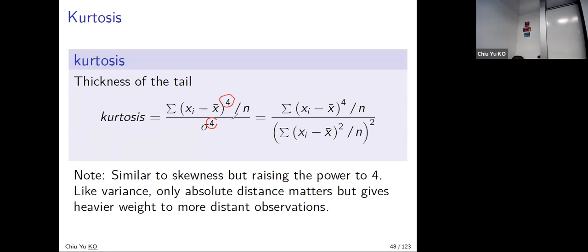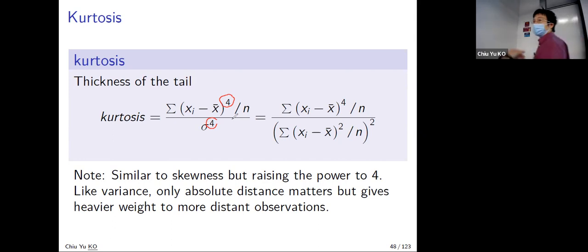There's nothing mathematically hard, I think it's simple. But what does that mean? It measures how big the tail is. The tail is the things at the end. The reason this measures the tail is because you raise it to the power 4, so the tail will be extremely big when you have a very big outlier, it expands very big.